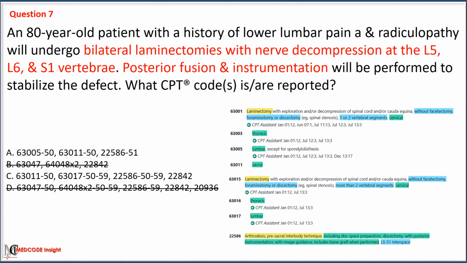As the scenario involved two lumbar and one sacral segment, the correct option is option A with code 63005, which is used for laminectomy without facetectomy for two lumbar vertebral segments. CPT code 63011 applies to one sacral segment. Modifier 50 with both codes is used to indicate bilateral laminectomies. Additionally, code 22586 is used for posterior fusion and instrumentation. Since arthrodesis is performed in addition to the definitive procedure, modifier 51 is used.